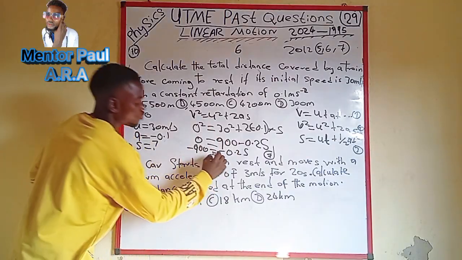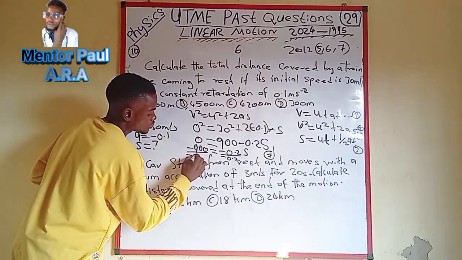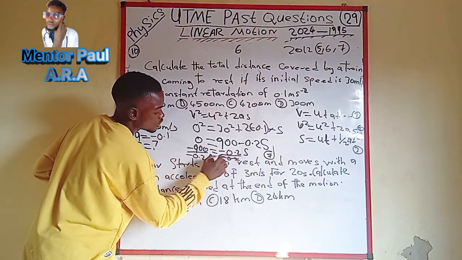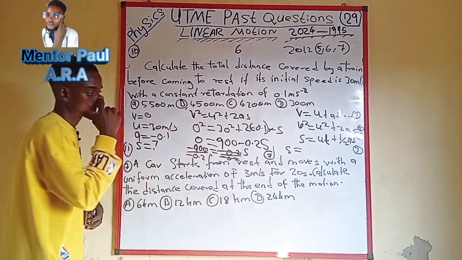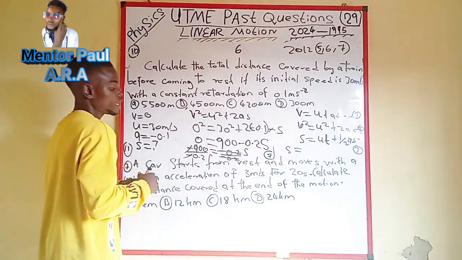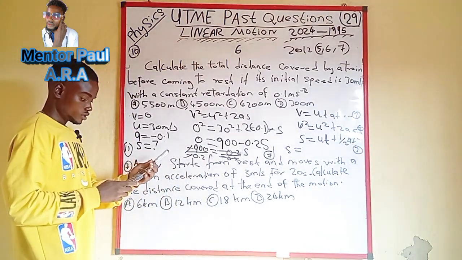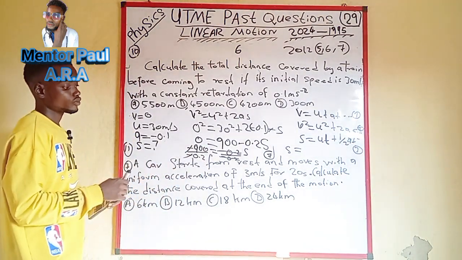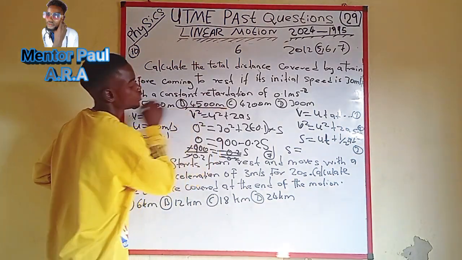This is going to cancel this, and I'm left with s. S now equals 900 over 0.2, as this negative cancels this negative. 900 divided by 0.2 is going to give us 4,500, which is option B.